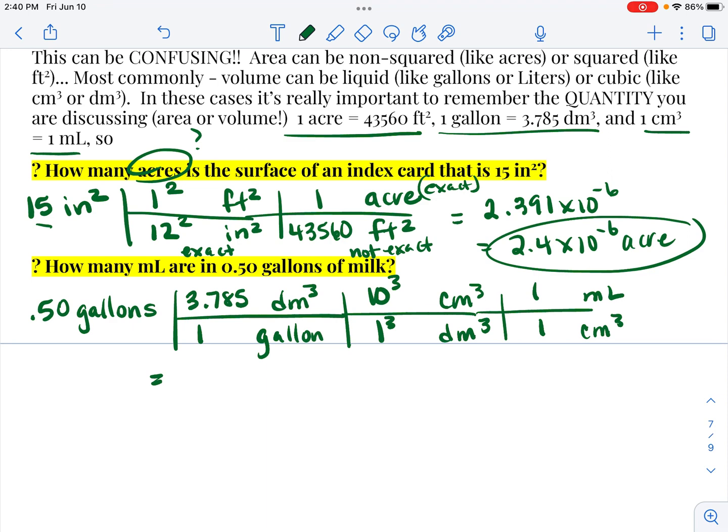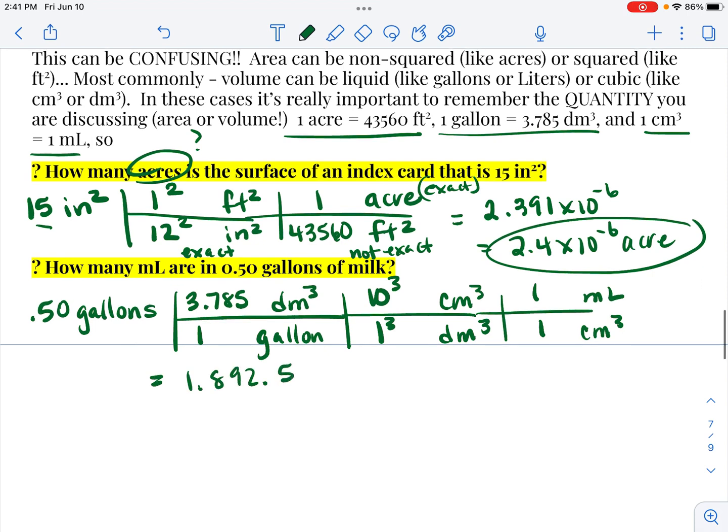And now I can punch this in, and I get 1892.5, which I'm going to go with 2 significant figures from my given, because the 1 gallon is exact, but the cubic decimeters is not. And my English to metric, or my metric to metric are exact. So that's going to give me 1,900 milliliters.